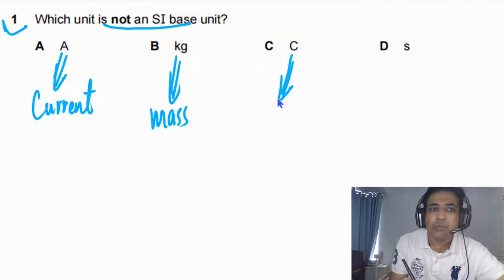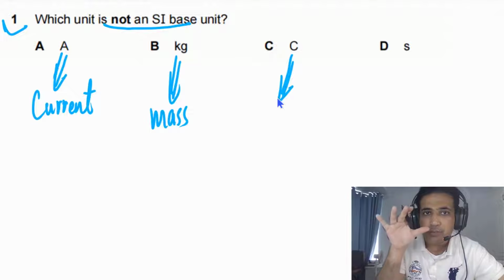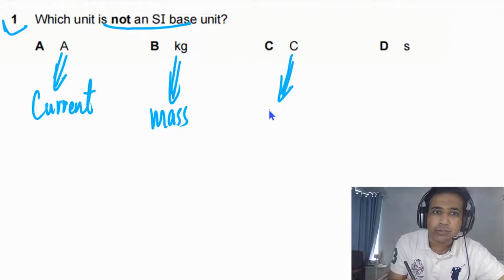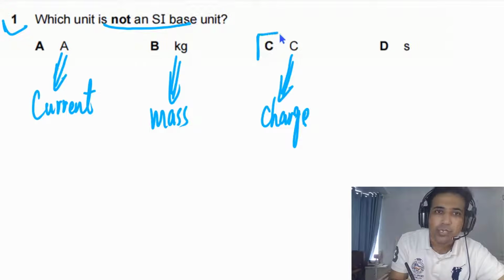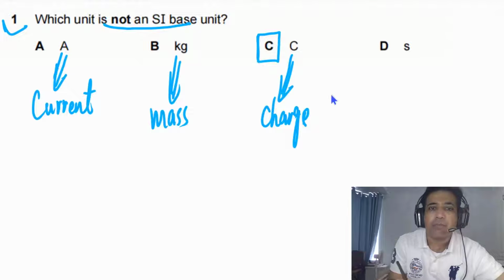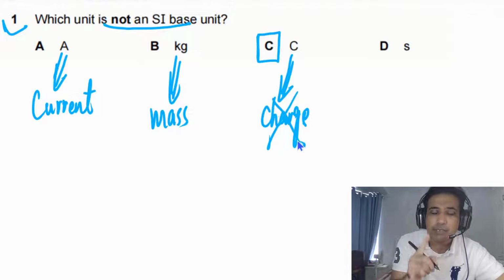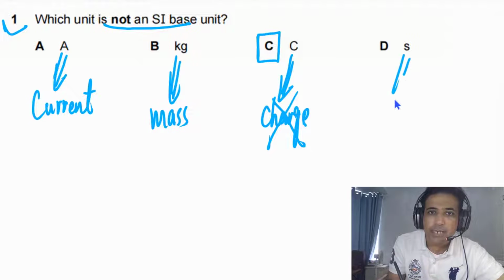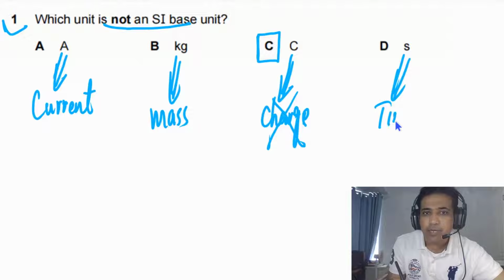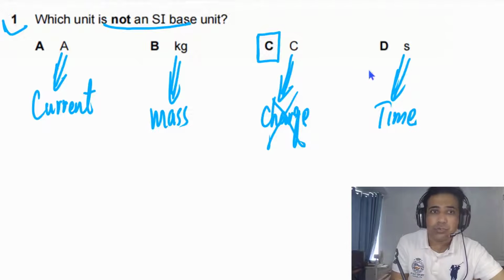Coulomb is not an SI base unit, and this is also not an SI base quantity, because charge is not an SI base quantity. So our answer for this question has to be C. Second is the unit of time, and time is an SI base quantity, and this is an SI base unit. So the answer for this question is C.